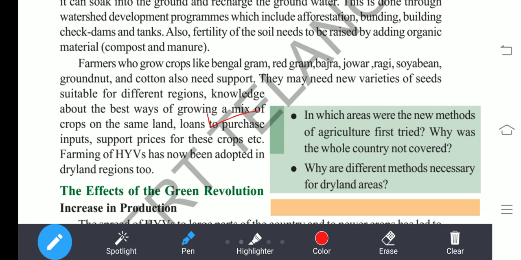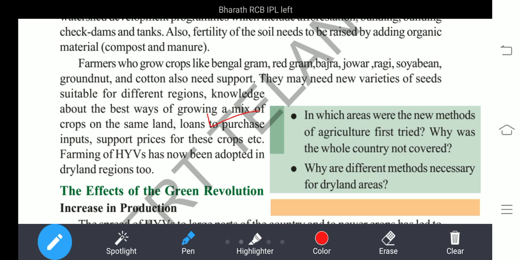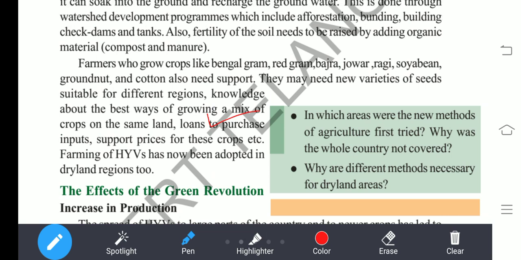It may be for purchasing seeds, purchasing a tractor, renting a harvester, or pesticides. Understand?